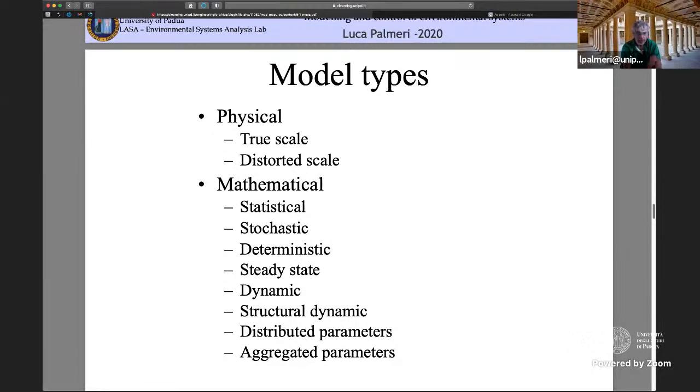Instead, we have equations. For example, all the classical physical models are typically deterministic models. Newton's laws are typically deterministic models, in which we may link the force to the acceleration of a body. The force to which a body is subjected determines the acceleration that the body manifests.